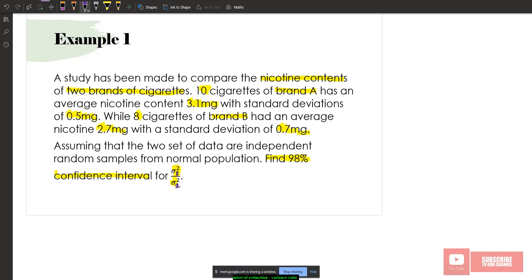First we need to jot down the information. This is brand A and this is brand B, right?